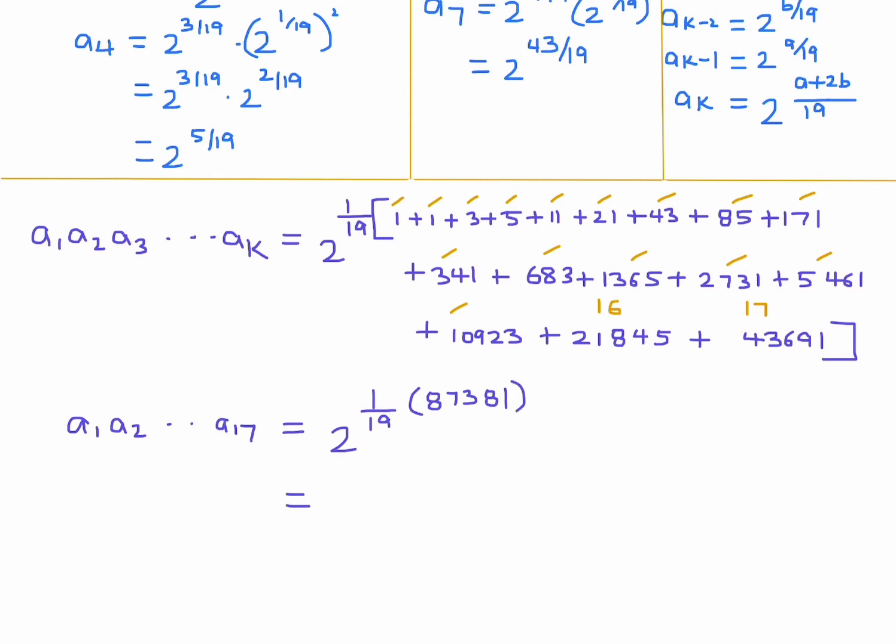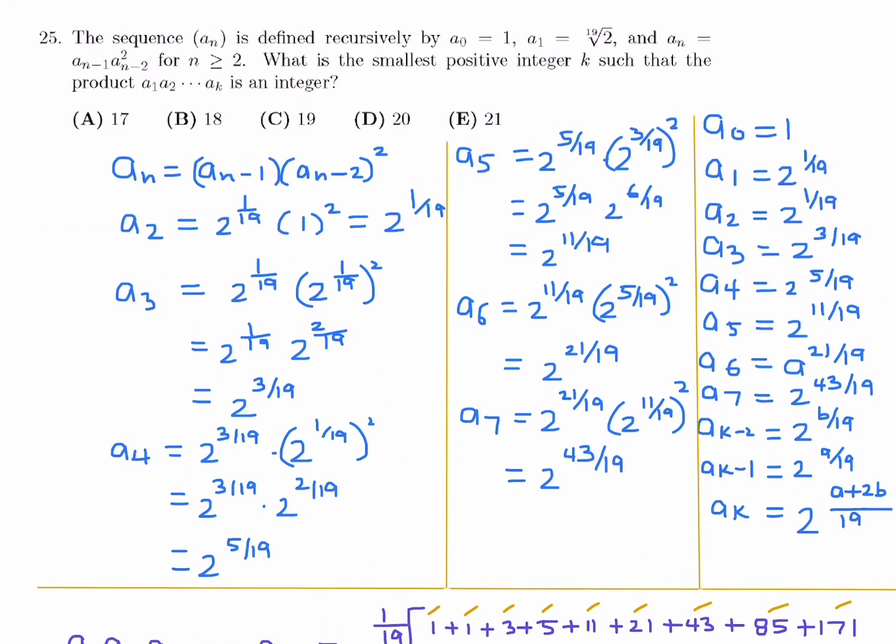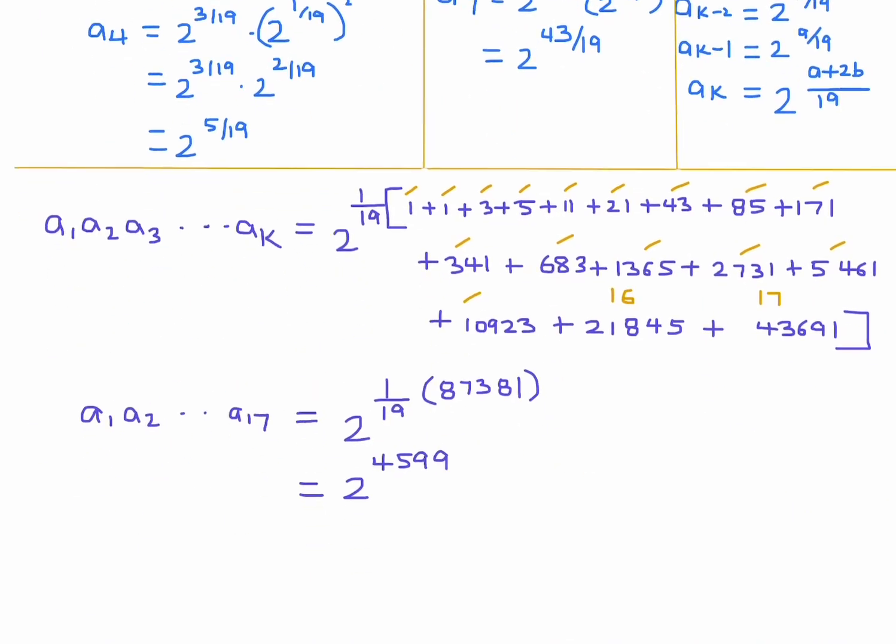Now, what is 87381 divided by 19? It is 4599. It is an integer. So perfect. And that means we've done it. They've asked, what is the smallest possible integer k such that that product is an integer? We got the answer. We got it for k equal to 17.